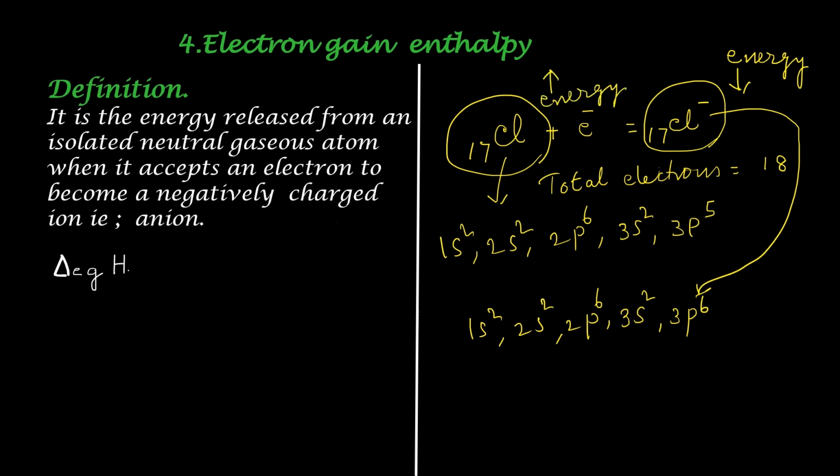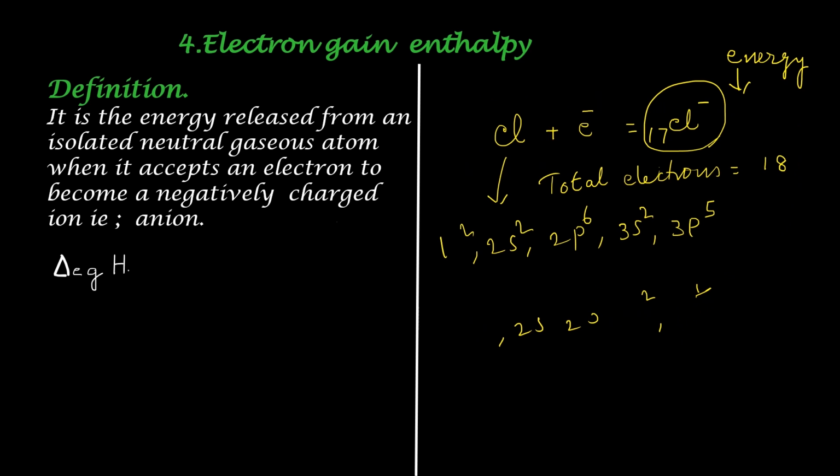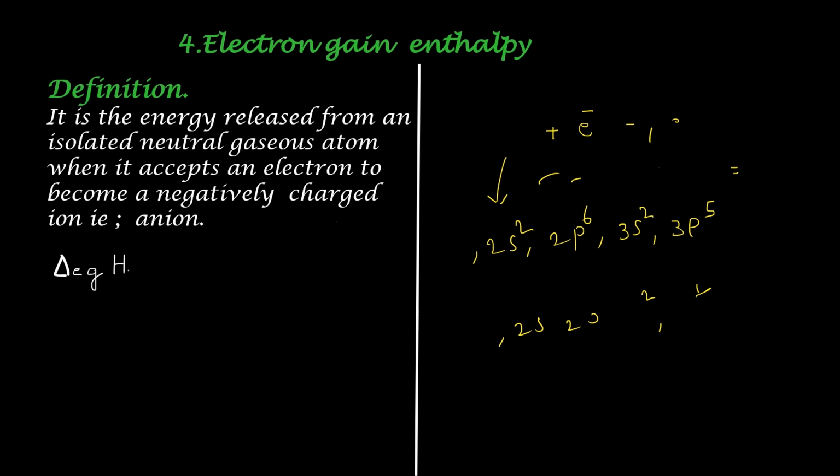So metals absorb energy, lose electrons and gain the electron structure of the preceding noble gas and become more stable. The difference in the energy is the ionization enthalpy, whereas non-metals gain electrons and lose energy and gain the electron configuration of the succeeding noble gas.